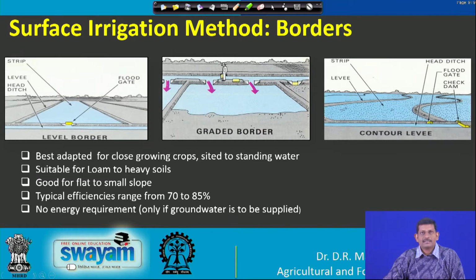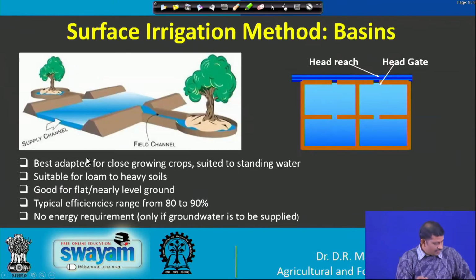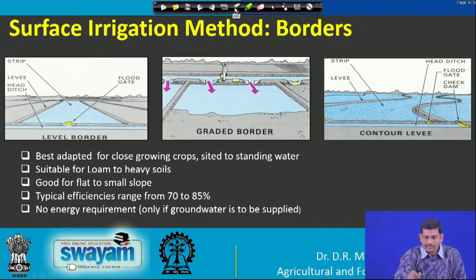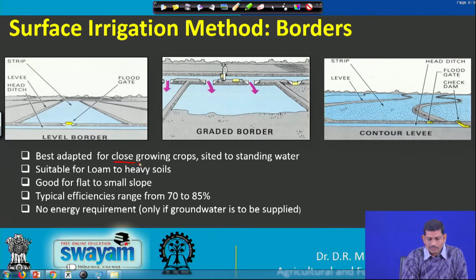One is border irrigation, a surface irrigation method. It is best adopted for close-growing crops such as alfalfa and grass crops, and it is suited to standing water.